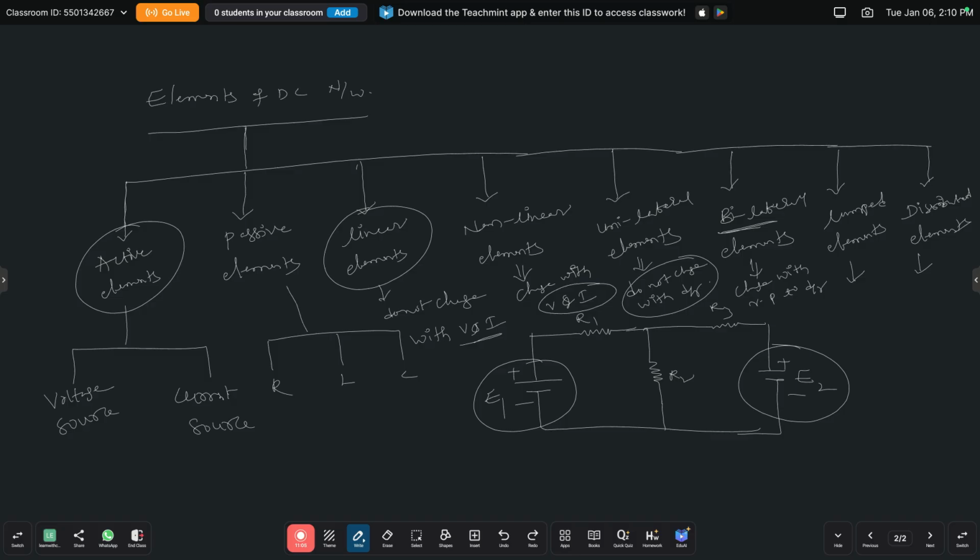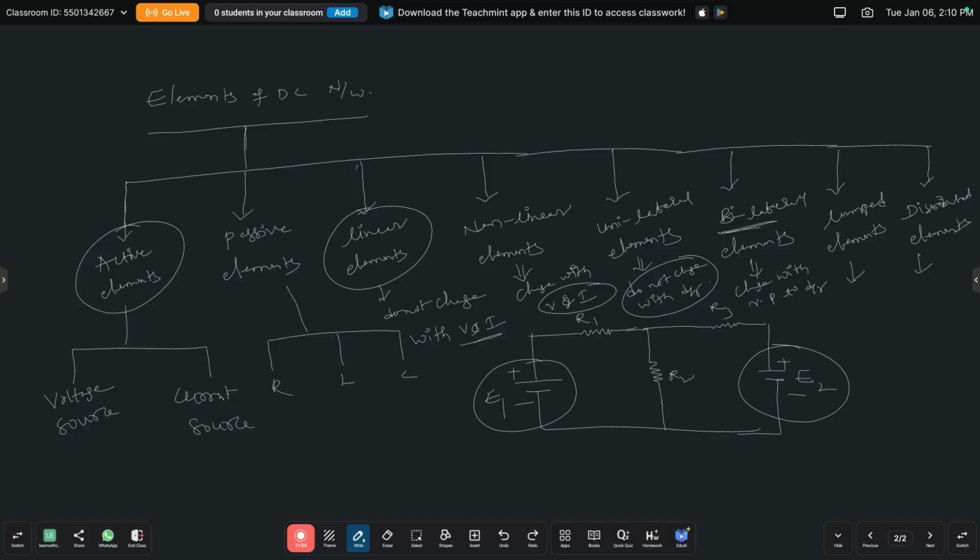The first one is active elements, which supply electrical energy to the circuit, and the examples are voltage source and current source. Passive elements receive electrical energy from the circuit, and the examples are resistor, inductor and capacitor. Linear elements do not change with voltage and current, and non-linear elements change with voltage and current.